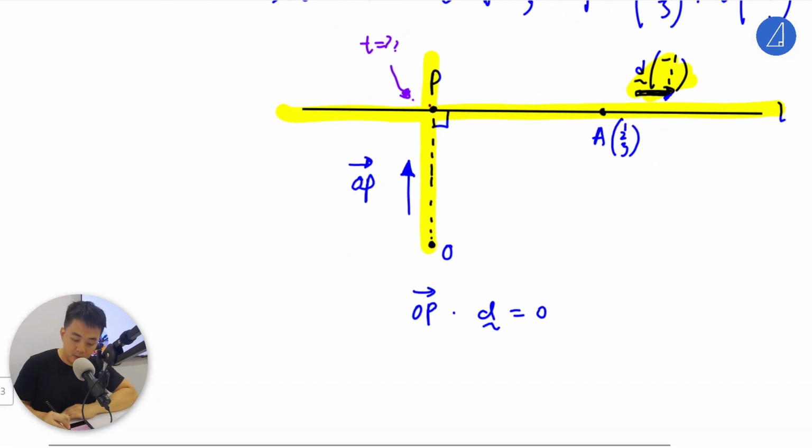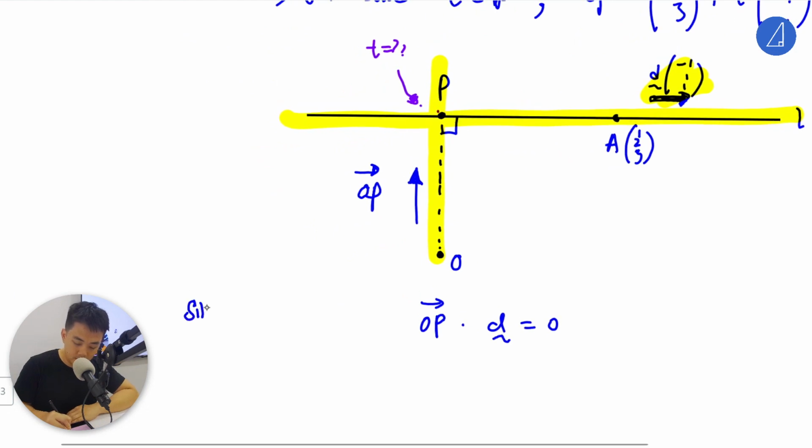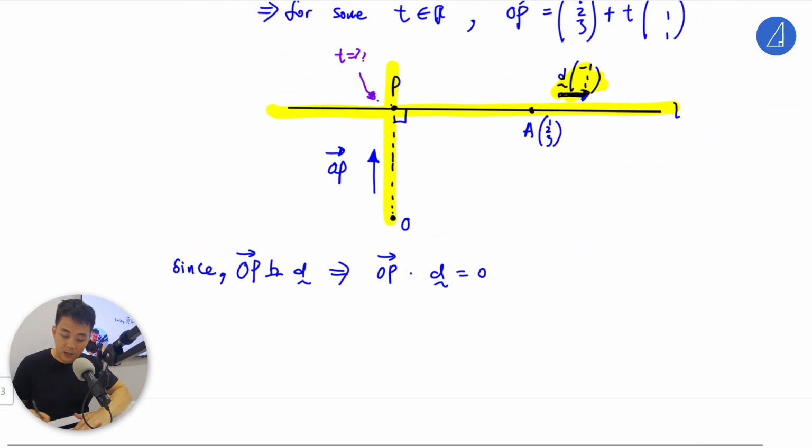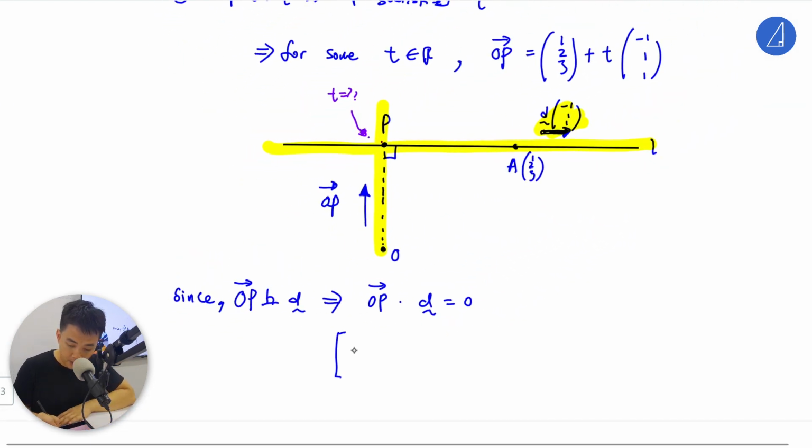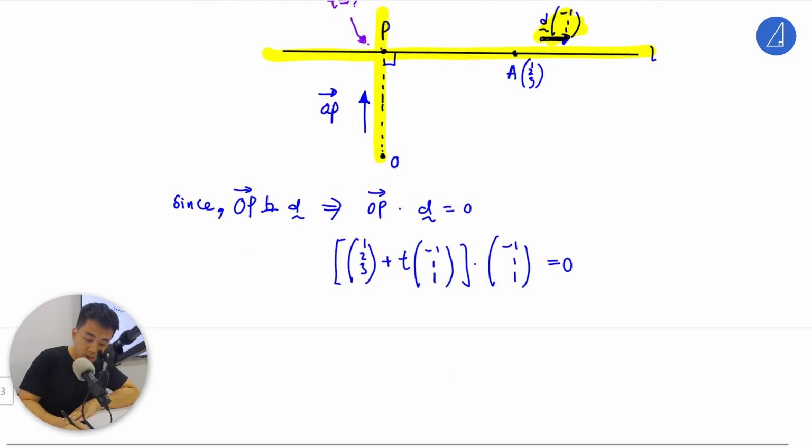Foot of perpendicular. Since OP is perpendicular to D, this is what I get: 1, 2, 3 plus T, dotted with minus 1, 1, 1. Then when you dot it, you start off like that, then you dot the other side.